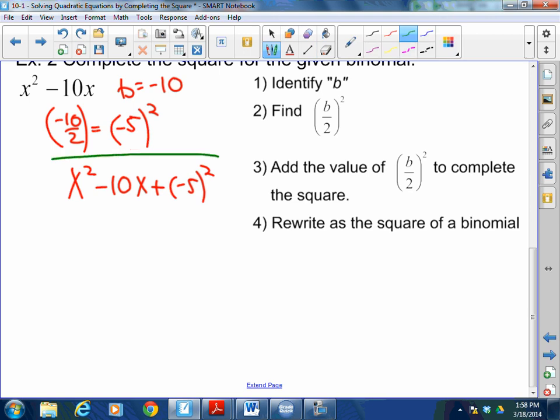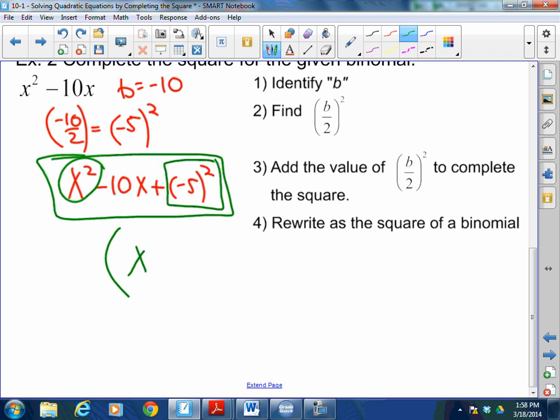Once you have created your perfect square through completing the square, please factor it like this. Square root of the first is x, now square root of the second, square it, and you're done.